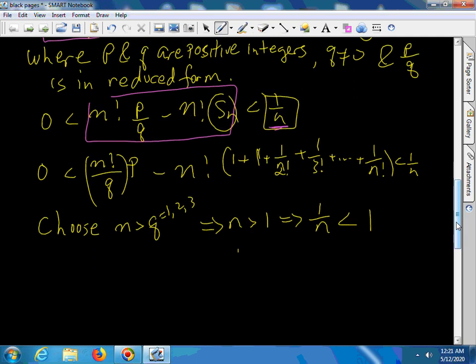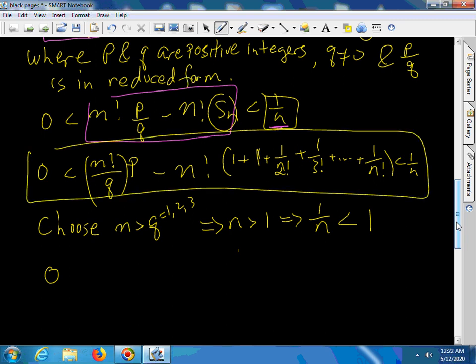So let's write that. We have that 0 is less than n factorial over q times p minus, I'm even going to distribute.